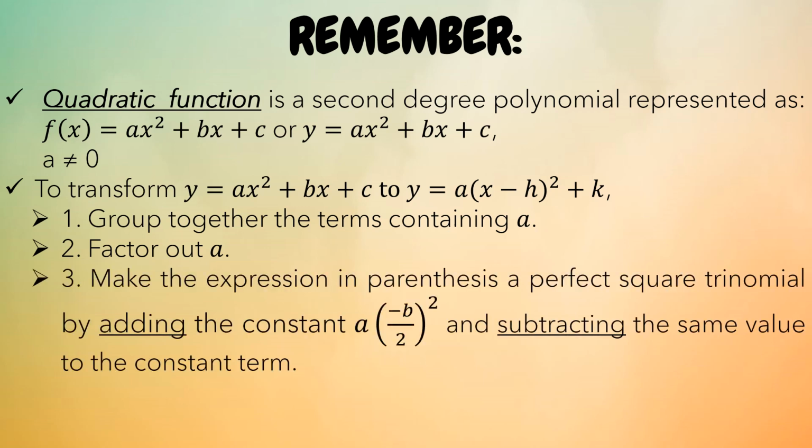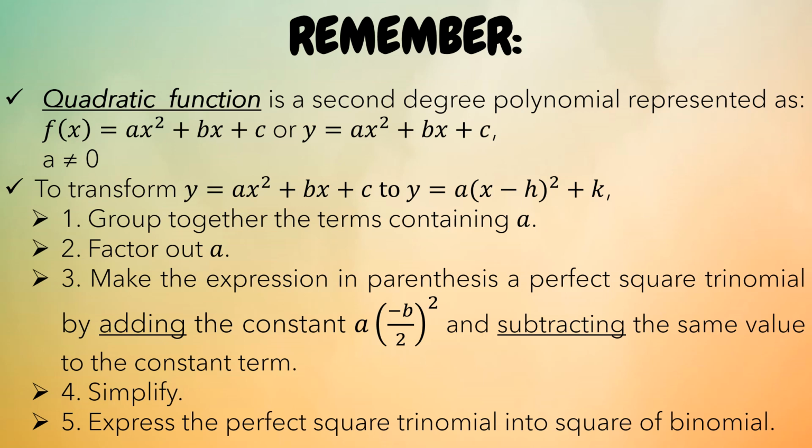Third, make the expression in parentheses a perfect square trinomial by adding the constant a times negative b over 2 quantity squared and subtracting the same value to the constant. And then simplify, and the last is to express the perfect square trinomial into square of binomial.